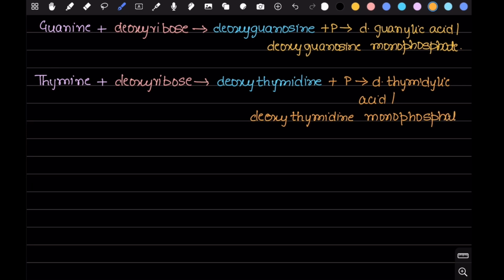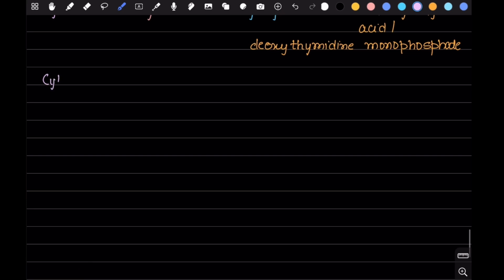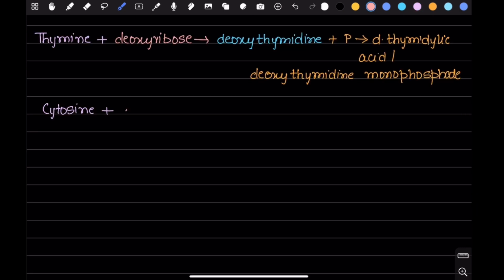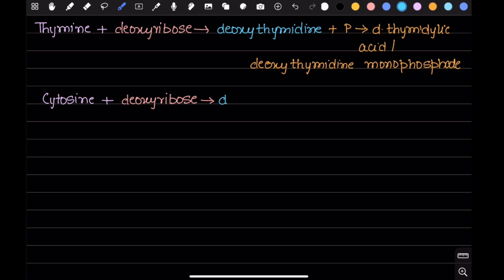Now the fourth nitrogenous base that we have seen is cytosine. Plus we add the sugar, a deoxyribose sugar. Then it forms a nucleoside, and the name of this nucleoside consisting of cytosine as its nitrogenous base is deoxycytidine.